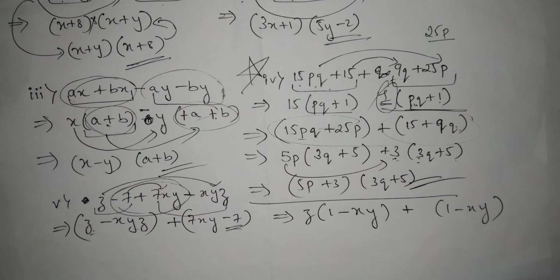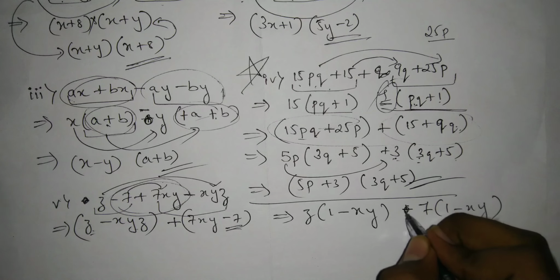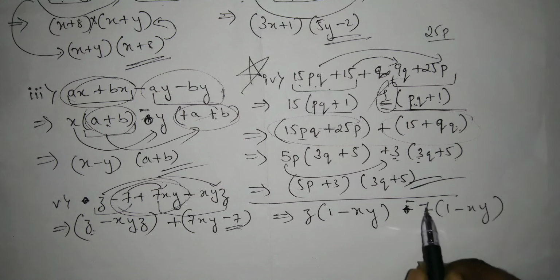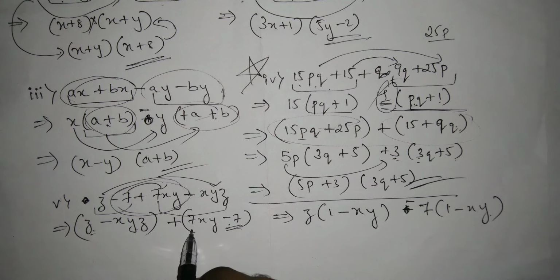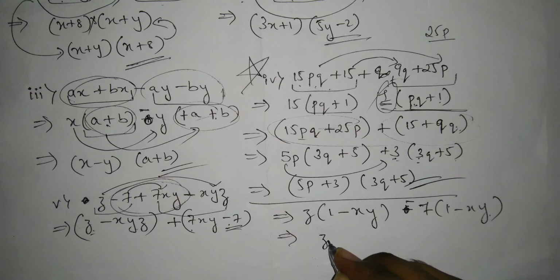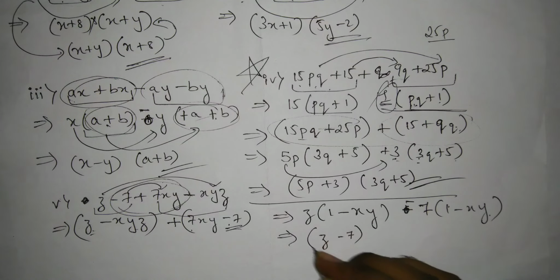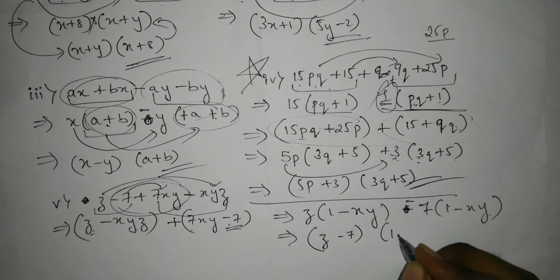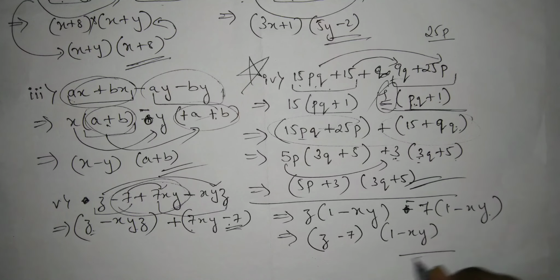Now to get that you have to place minus 7 here, because minus 7 into 1 is minus 7, and minus 7 into xy is plus 7xy. So from here I will get xz minus 7 into 1 minus xy. So this will be the final answer.